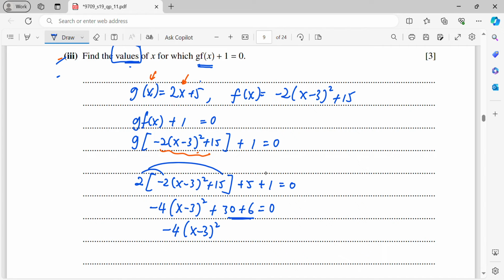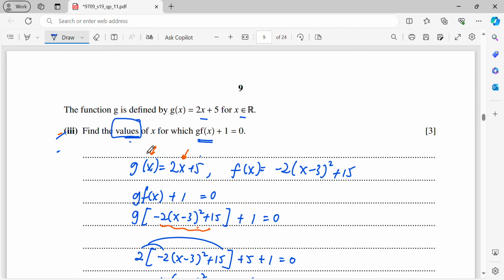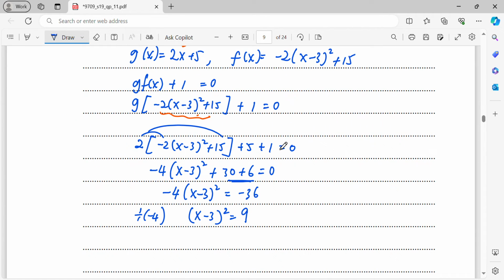Alright, so I can move this plus 36 to the other side. That will be minus 36. In other words, the minus will be cancelled off, and I can just divide by negative 4 directly. Okay, so here you will be getting (x minus 3) squared equals 9. Now, to get the x values here, you can either do expansion for the quadratic, but I will not use that method. I will just directly move the square to the other side.